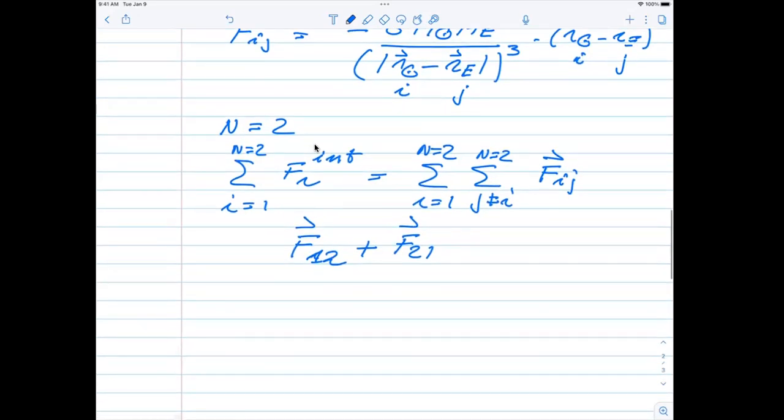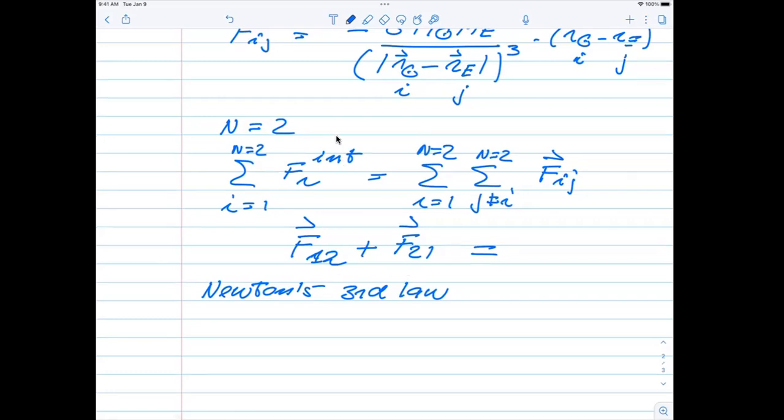Now, if I think of Newton's third law, and use that, what happens to this sum over internal forces? Any good suggestions from you guys? Fantastic.